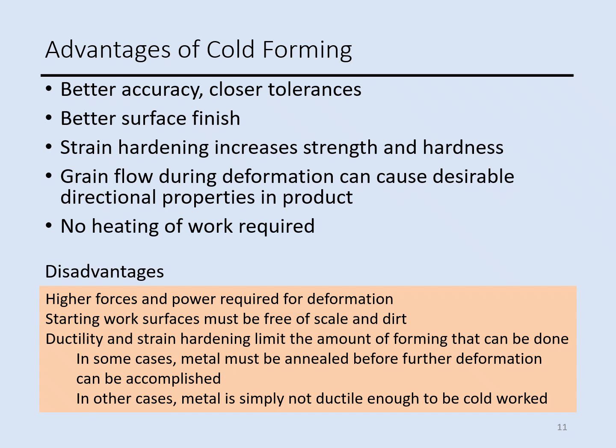What are the advantages of a forming process? It has high accuracy. It gives you a closer tolerance. You have a better surface finish, so that's why you don't need an extra machining process.